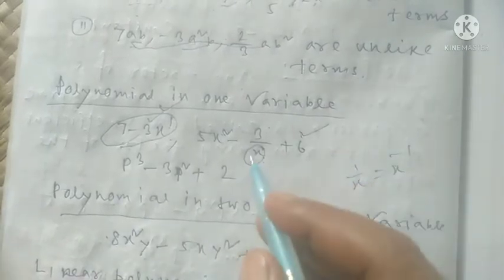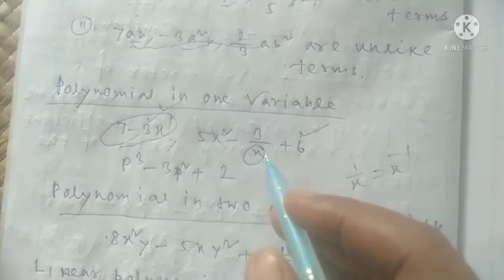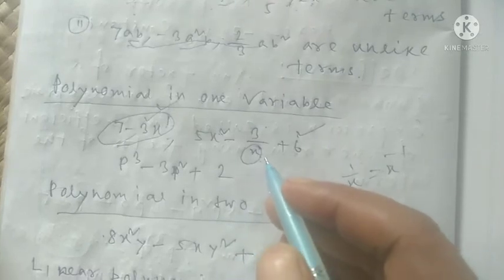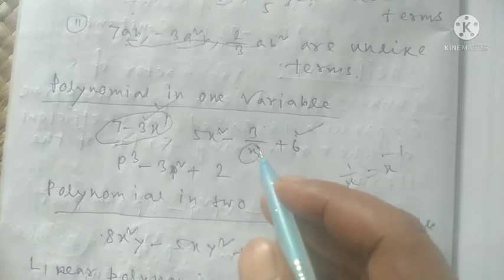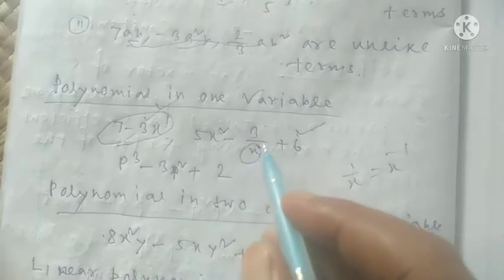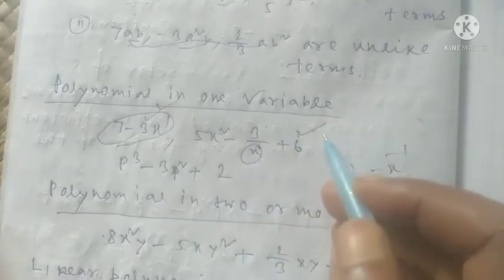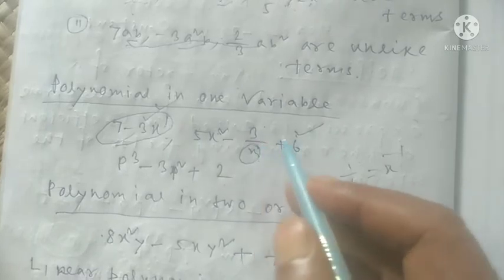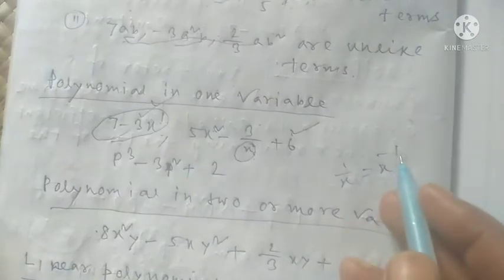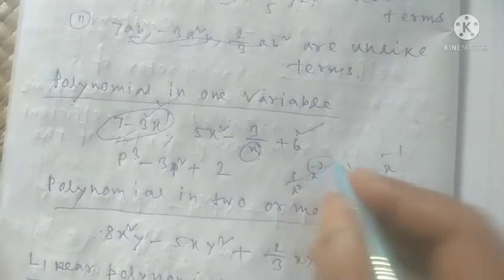So this is the reciprocal form, that's why when your variable is in the place of the denominator, at that time, without solving, you can say the expression is not a polynomial, because x is in the position of the denominator. 1 by x means x to the power minus 1, and 1 by x square means x to the power minus 2, so the power is negative.